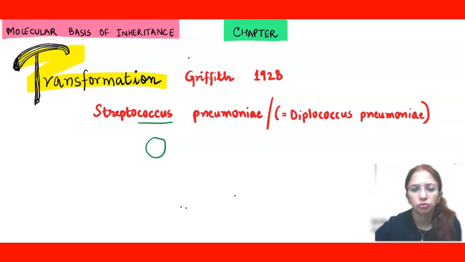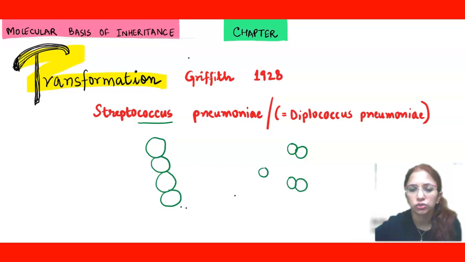And strepto means that bacteria must be in chains. So Streptococcus means the bacteria are arranged in a long chain, and Diplococcus means again the shape will be spherical because we have used the word coccus.